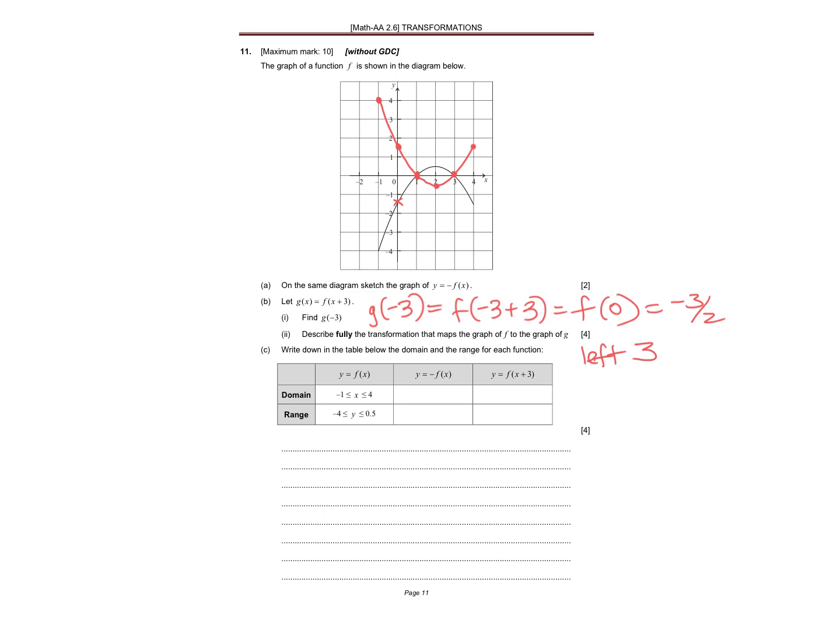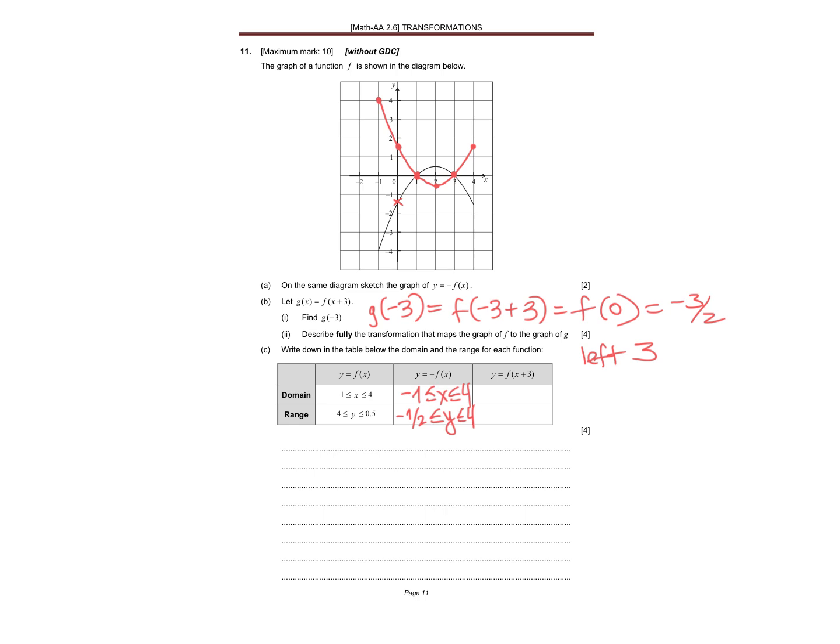Write down in the table the domain and range of the following function. If you're just flipping over the x-axis, the domain doesn't change. So that's still going to be negative 1 to 4. But the range will change. You can see that it's going to be from negative 1/2 to positive 4.